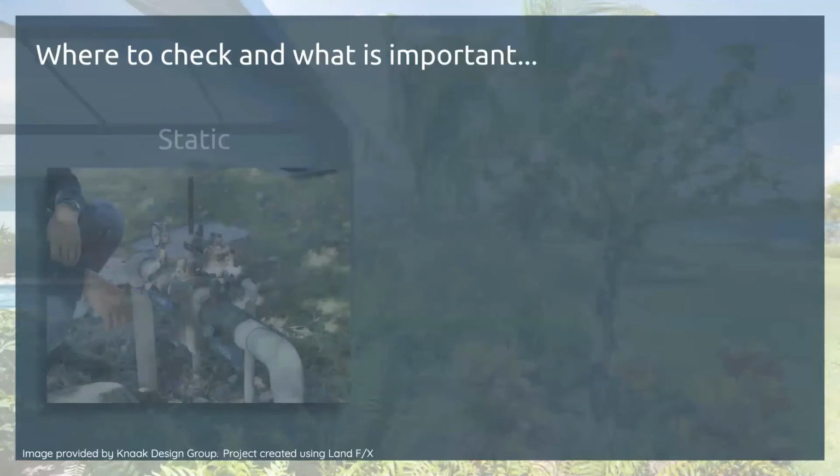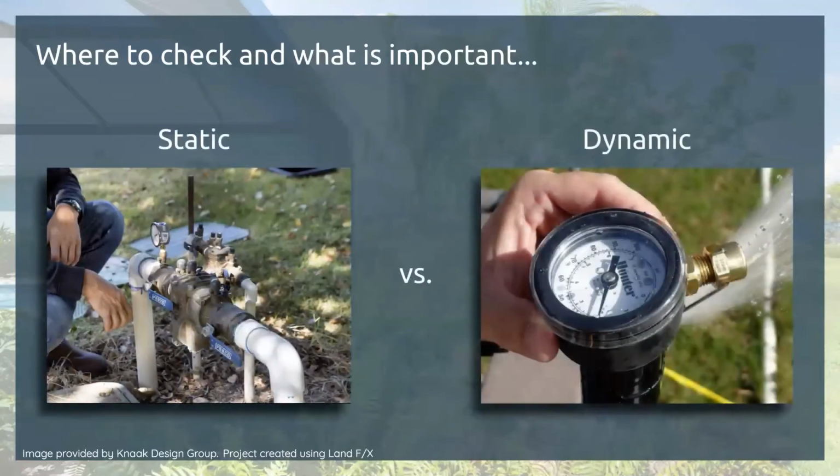And what's important to check? So static versus dynamic, obviously we're going to be getting a lot of different readings, and so what numbers are we using for what pieces of information when it is concerned for the actual design. Dynamic is obviously something that we're checking and is the most important from an operating perspective of what that system's going to be functioning as.